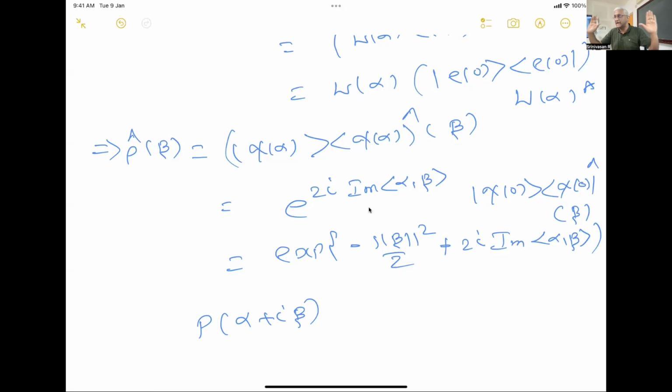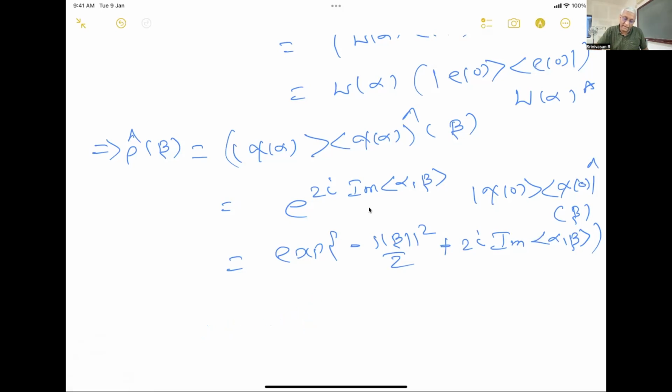P of i beta is some random variable too, but there is a restriction due to the uncertainty principle. So all possible multivariate Gaussian states on R2n will not be possible. For the time being, this resembles an R2n Gaussian multivariate random variable with identity as the covariance matrix, and the mean is given by some vector in R2n, that imaginary part of alpha beta.